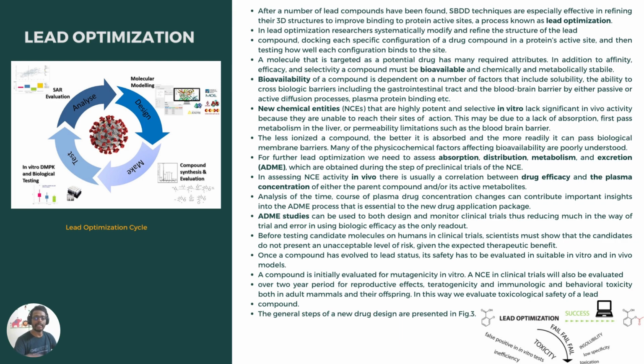It almost takes more than 2 years to show their reproductive effects, their teratogenicity, and their immunological effects and behavioral toxicity, both in adults and their offspring or next generation. All this will be tested over more than 2 years. In this way we evaluate the toxicological safety of a lead compound.